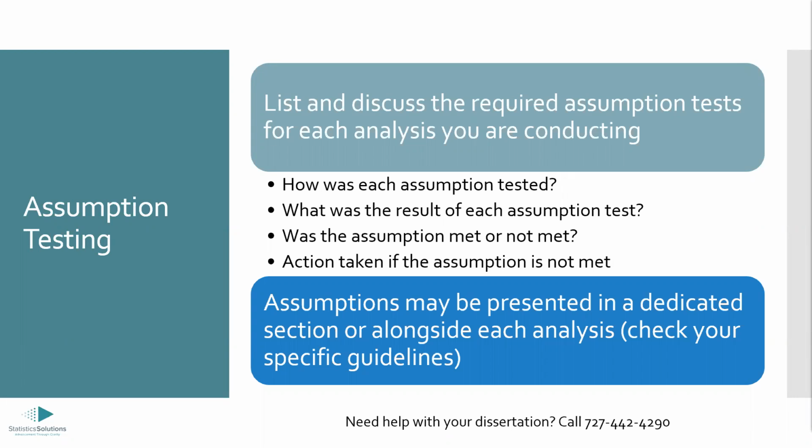Or are you going to perhaps run an alternative test? If you were going to do a t-test, instead you're going to do a non-parametric test that doesn't require the normality assumption to be met. If you do have any violations of assumptions, you want to talk about how you are responding to those violations.